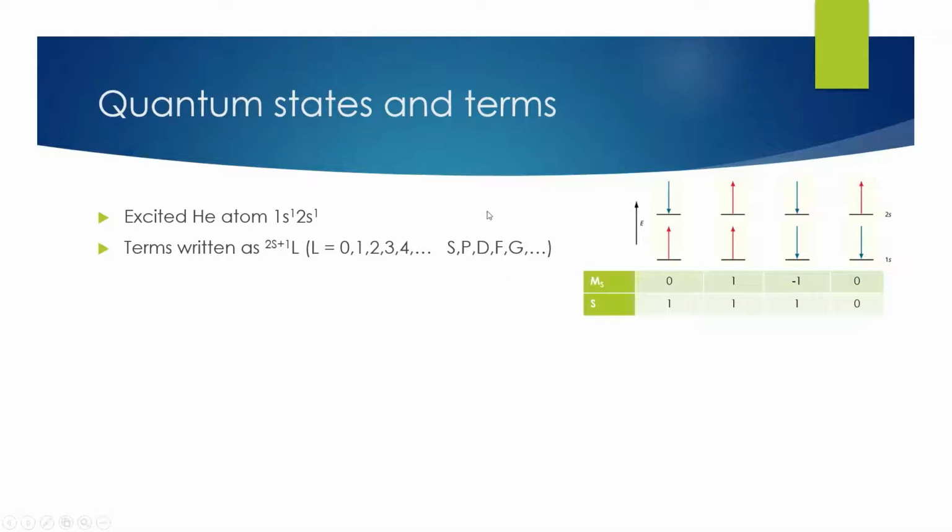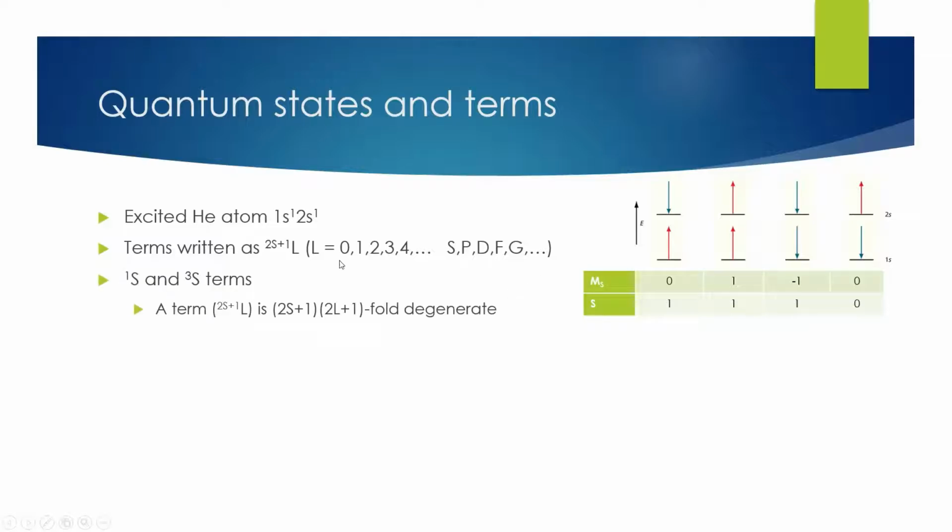And then we have a trend here. L equals 0, 1, 2, 3, 4 gets the symbols S, P, D, F, and then after F, it just goes on down the alphabet. So it goes G, H, I, and I think we'll probably cut off at I. There are some tables in the book that have I orbitals, and I'm sure it goes on longer than that if you want to do that.